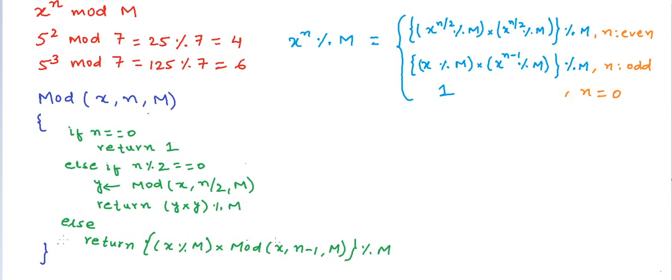So this gives us a recursive algorithm to calculate x to the power n modulo m, and it is very similar to the previous algorithm that we had shown to calculate x to the power n in our previous lesson. The time complexity for this algorithm is order of log n, or big O of log n. We will try to deduce how this time complexity is order of log n in another lesson. But nevertheless, log n time complexity is the best time complexity to have. So thanks for watching.